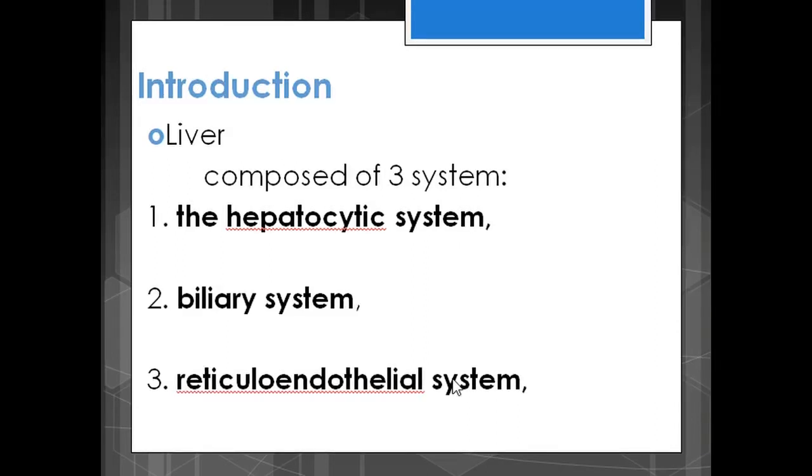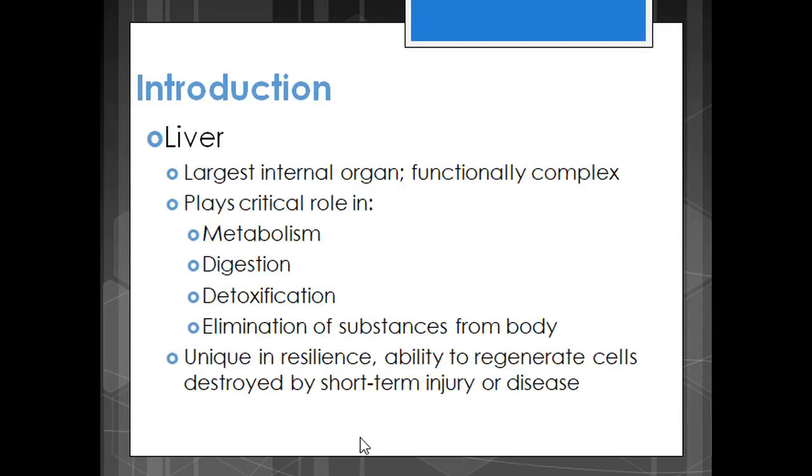The cells that are responsible for the function of the reticuloendothelial system are the Kupffer cells. These Kupffer cells are a form of macrophage involved with the immune system, including being a major site of defense against intestinal bacteria and the primary location for removal of antigen-antibody complexes from the circulation. The liver is the largest internal organ, which is also functionally complex.